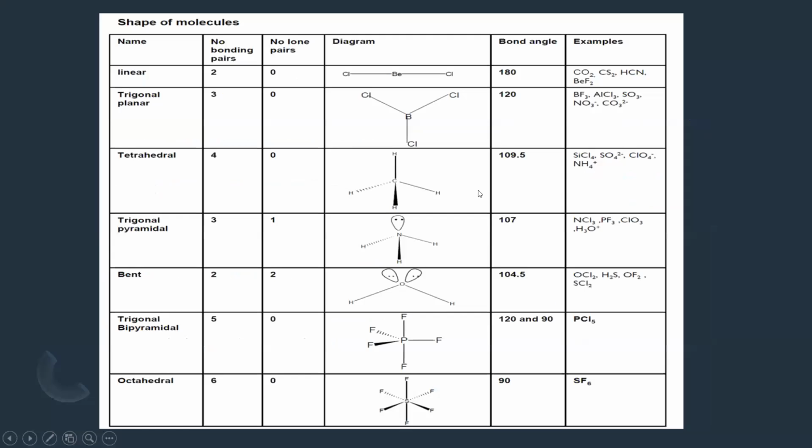Then before the metallic bonding, there's another type of bonding which we call dative bonding, or it is also known as coordinate covalent bond. What is the meaning of dative bond or coordinate covalent bond?